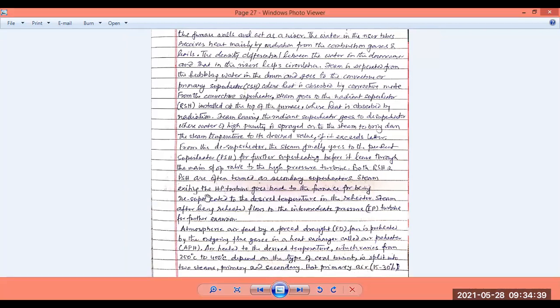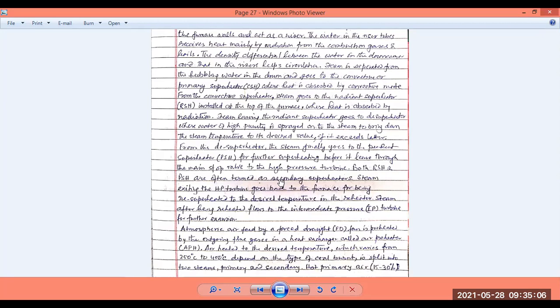Steam exiting the high pressure turbine goes back to the furnace to be re-superheated again to the desired temperature in the reheater. The steam after being reheated flows to the intermediate pressure IP turbine for further expansion itself. So what is going on?